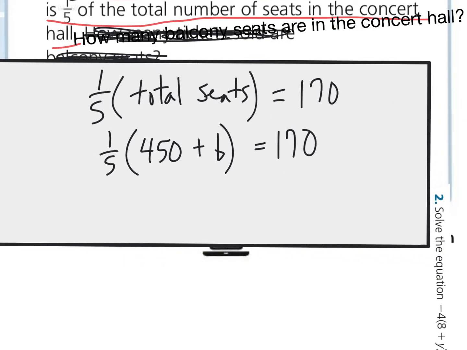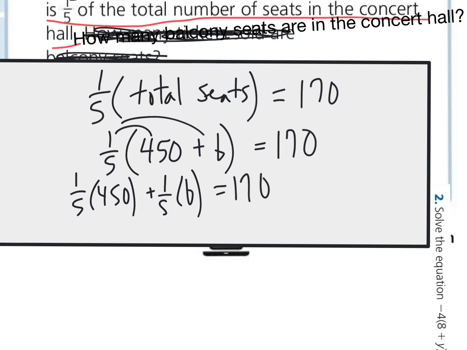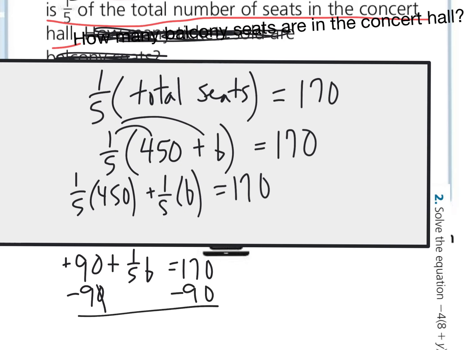And then if we write it like that, we could distribute. And 1/5 times 450 would be 90. And then it's a positive 90, so we need to subtract 90 to get that by itself.